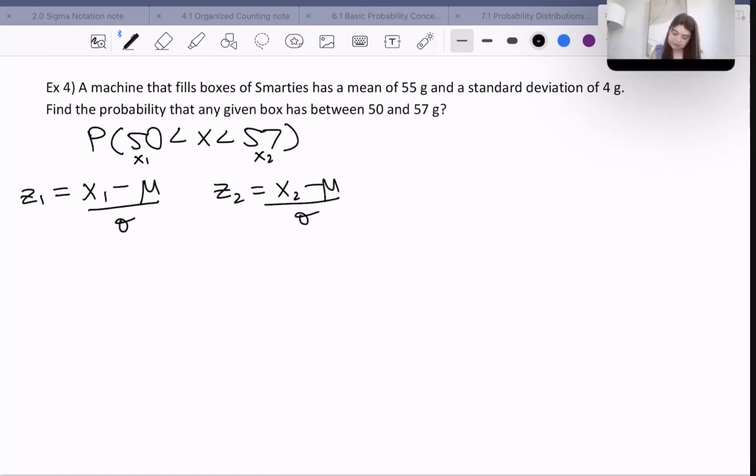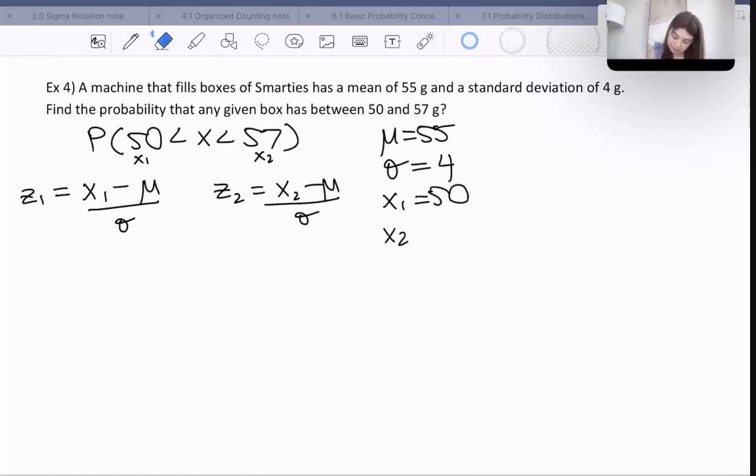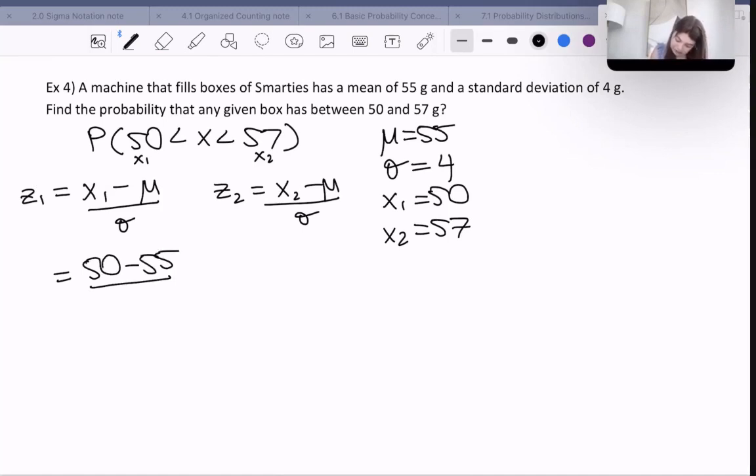Very good. So what is our mu? Our mu is 55. It says there's a mean of 55 grams and a standard deviation of 4 grams. And then x1 is 50, we said. That's how we defined it. And x2 is 57 because that's how we defined it as well. Okay, so Z1 is going to be 50 minus 55 over the standard deviation, which is 4.